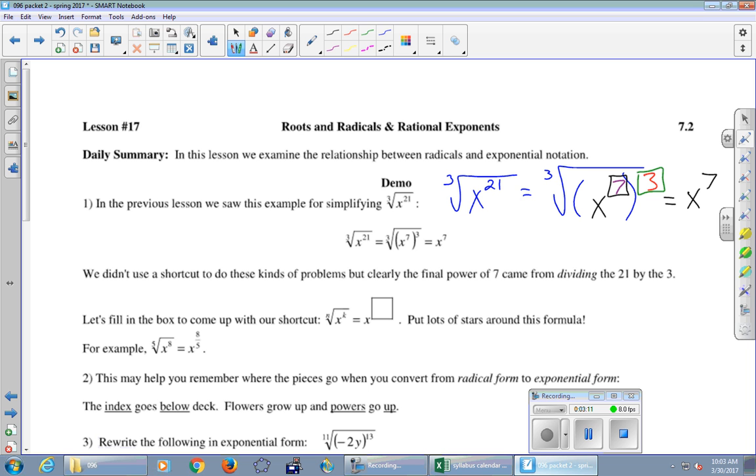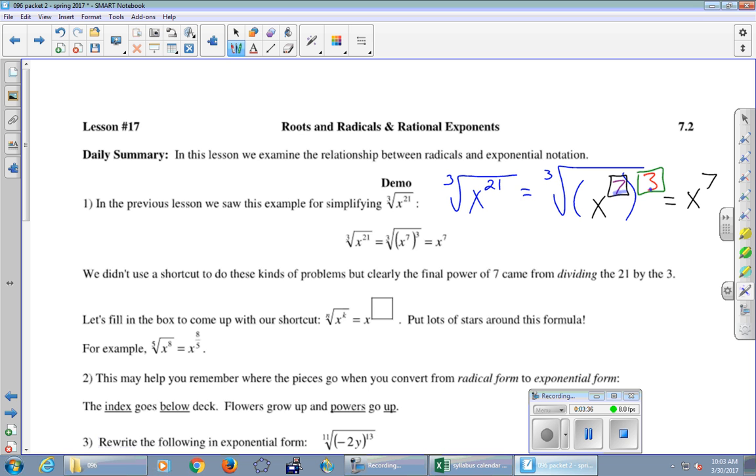Okay, so we built that a bunch of times last class. Hopefully you did homework and continued to build things like that. But hey, I'm ready for a shortcut, and I bet you are too. So let's look at it. What can you do with this 3 and this 21 to build the final power of 7? You can divide them. And isn't that exactly what we ended up doing? Where did this 7 come from? 21 is really what number times 3?